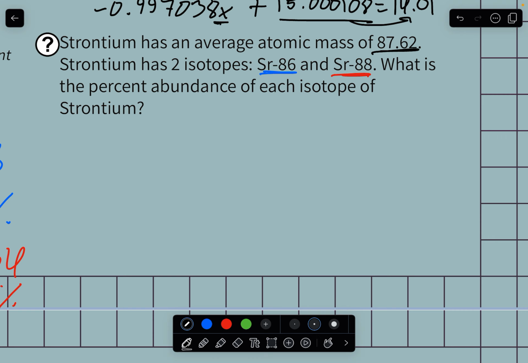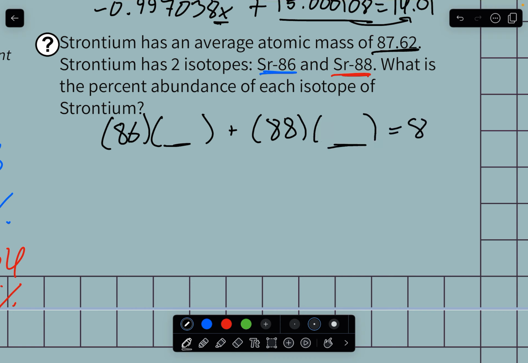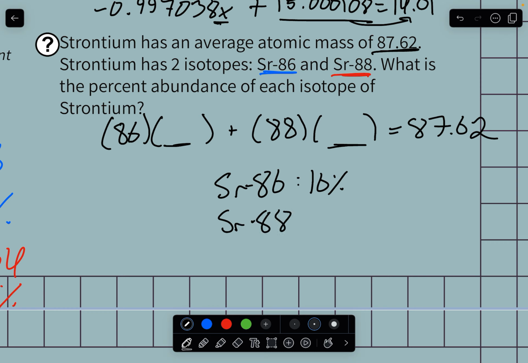Set it up with the mass: 86 times the percentage, figure out what goes in that parentheses, plus our second isotope times the percentage, figure out what goes in there, is equal to 87.62. I want you to go ahead and work this out. And you should get that strontium-86 has a percentage of 16%, and strontium-88 has a percentage of 84%.